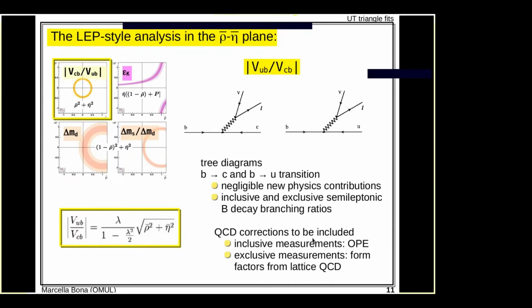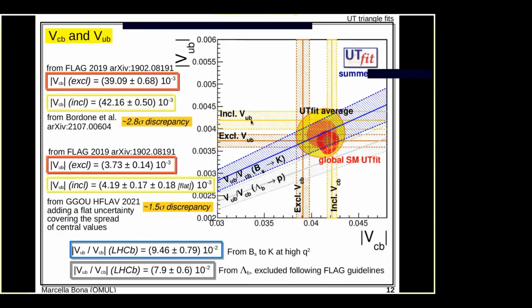So even if they're looking at the same observable, they're very independent in how they get to this observable. And that is the main discussion, the main tension that we've seen in this fit for probably 15 years now.